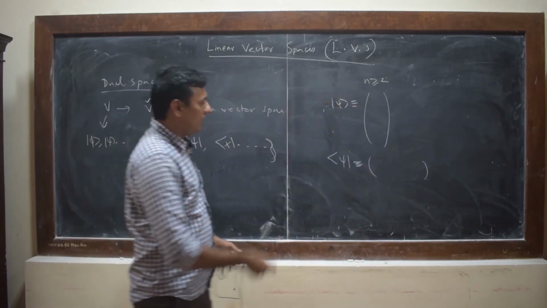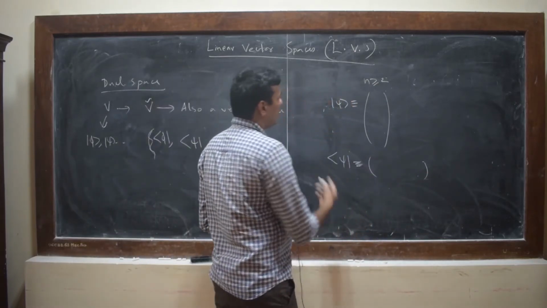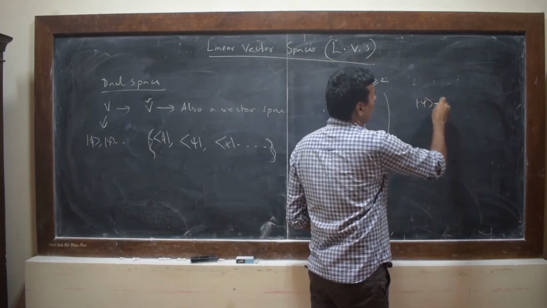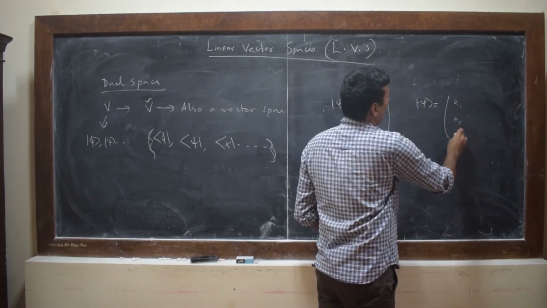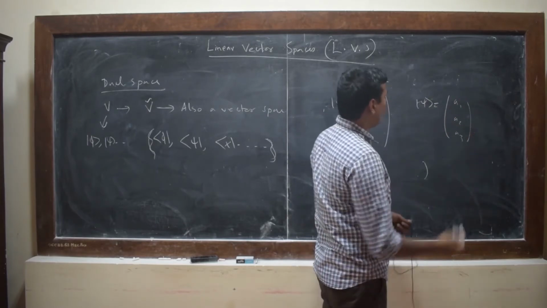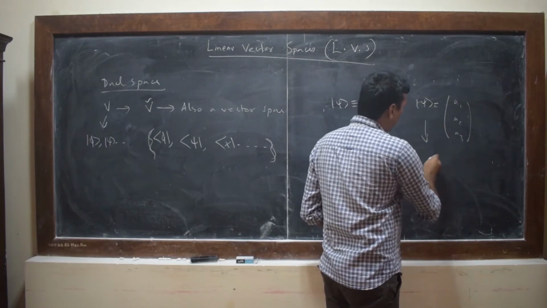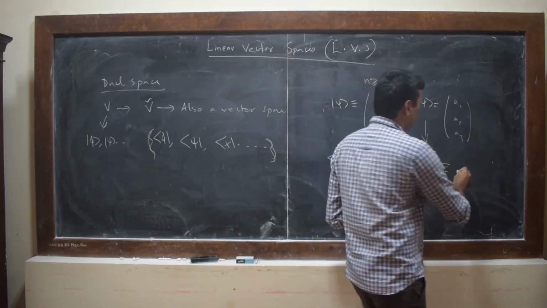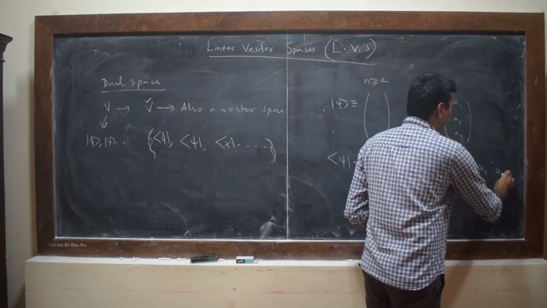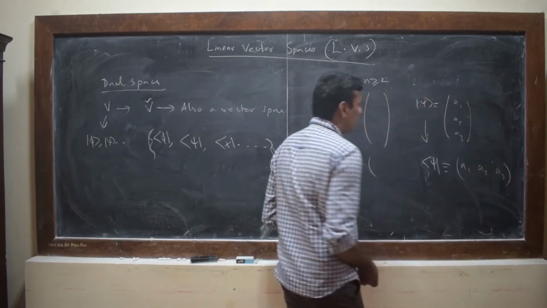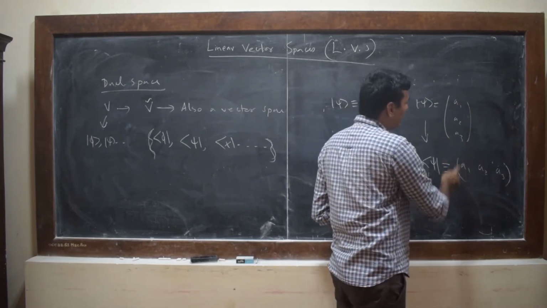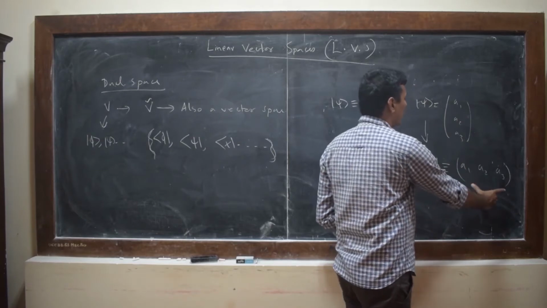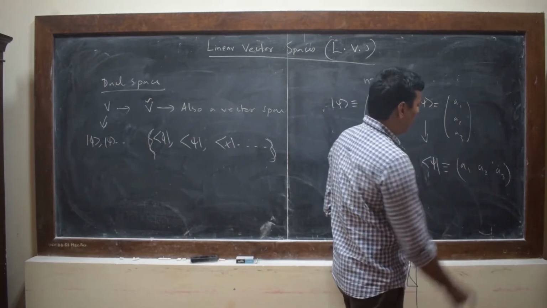For example, if your ket psi is a1, a2, a3, then the corresponding bra psi will be a1, a2, a3, the row vector. Suppose they are real numbers, then bra psi will be just the row vector.